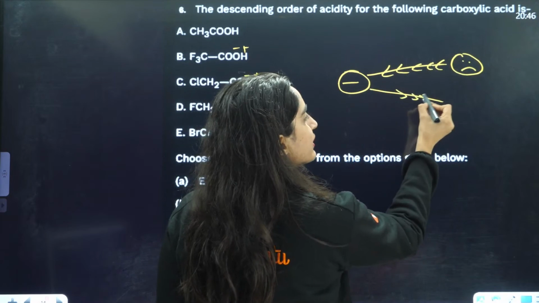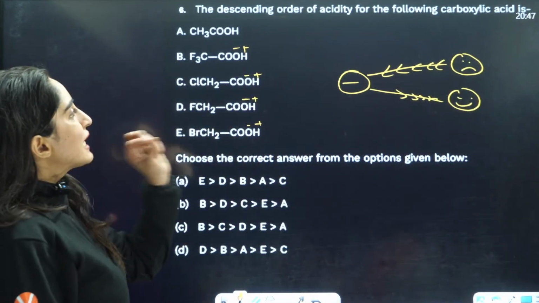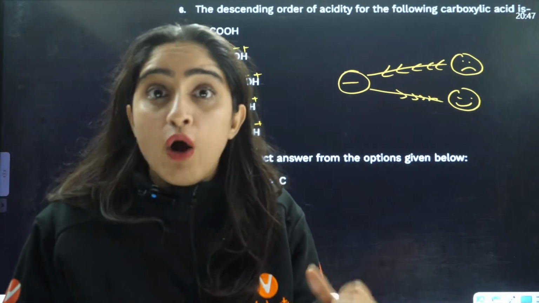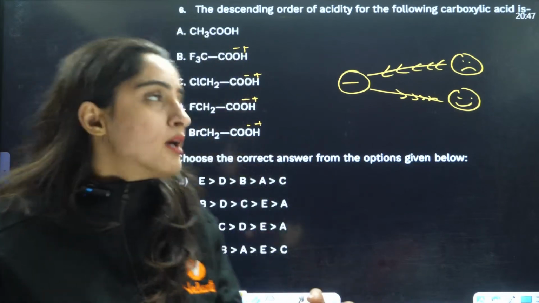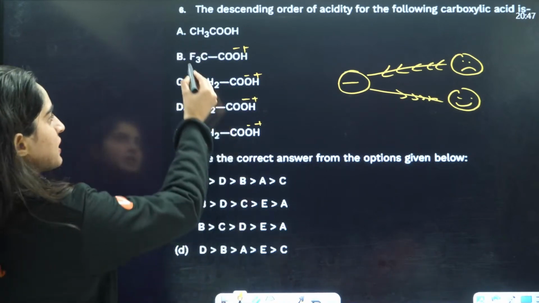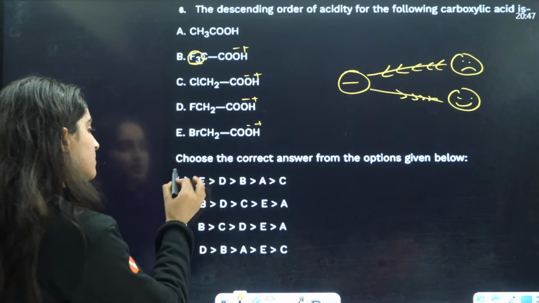When you're taking away the electron, it will become stable here, right? So here we know that the more the number of electron withdrawing groups. Halogens are electron withdrawing and fluorine has maximum electronegativity, right? The more the number of these groups, the more will be the acidity here. That means B is going to have maximum acidity.